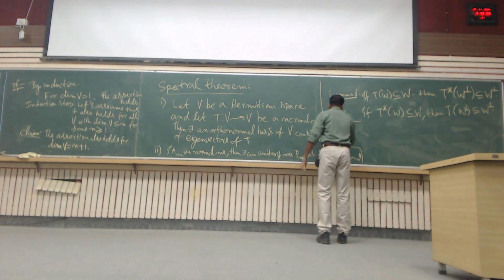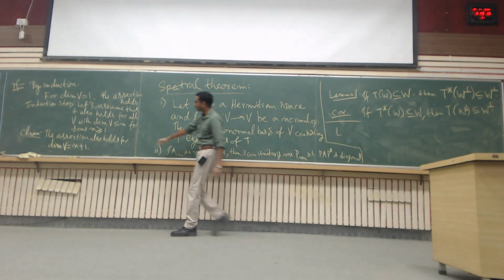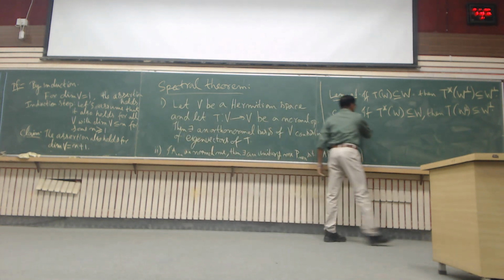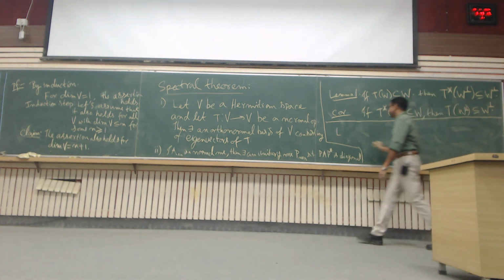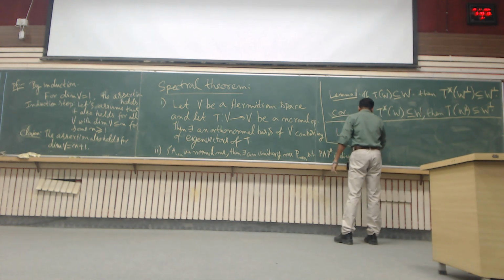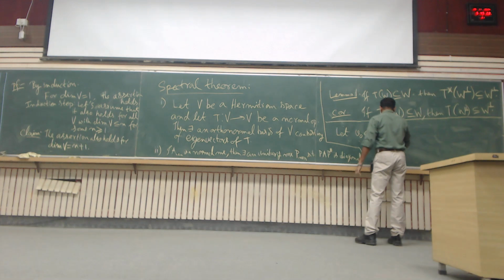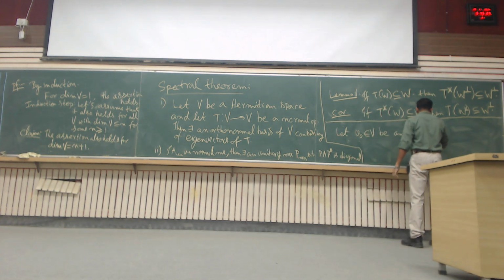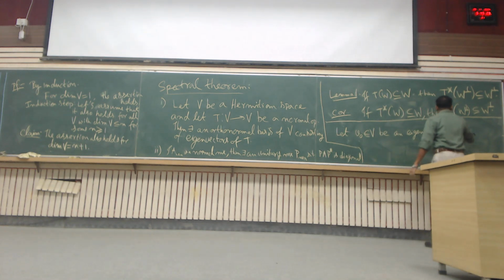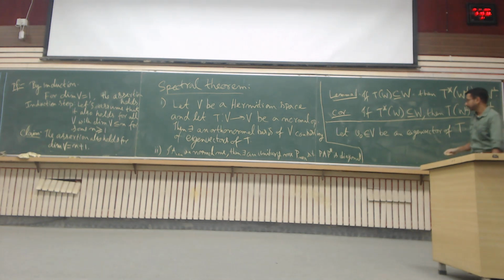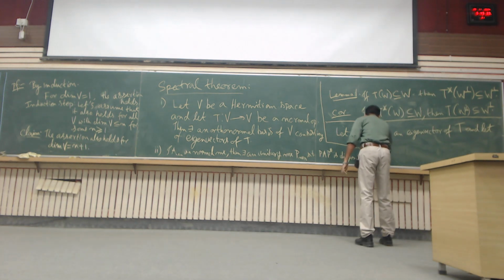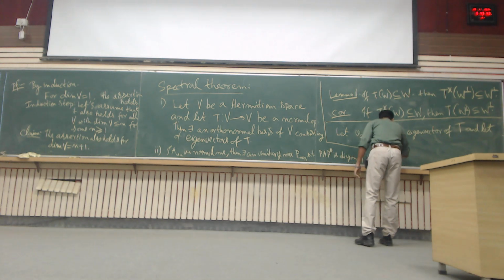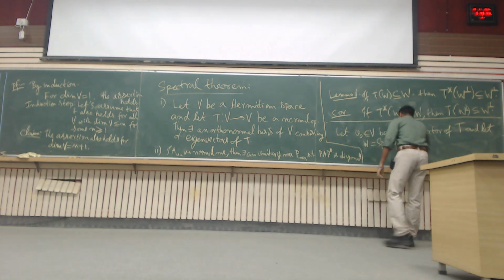So now we continue this proof after we recall the lemma and the corollary. Let V0 be an eigenvector of T, and let W be defined as the span of V0.